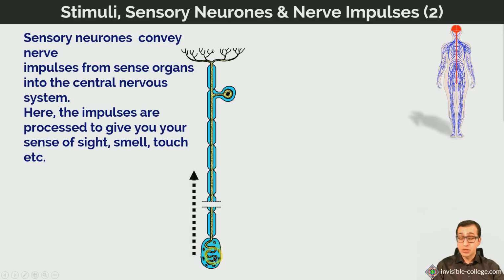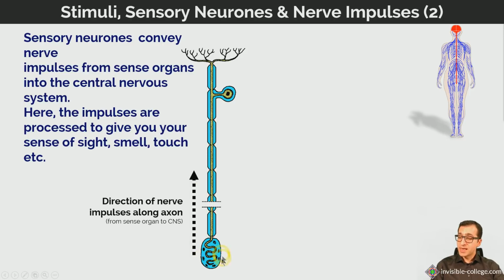Whatever it is, you have some region of this sensory neuron which is receptive to some kind of stimulus. Now, this stimulus will then trigger an electrochemical impulse called a nerve impulse or an action potential, and this travels along the long, thin region of this nerve, called the axon.